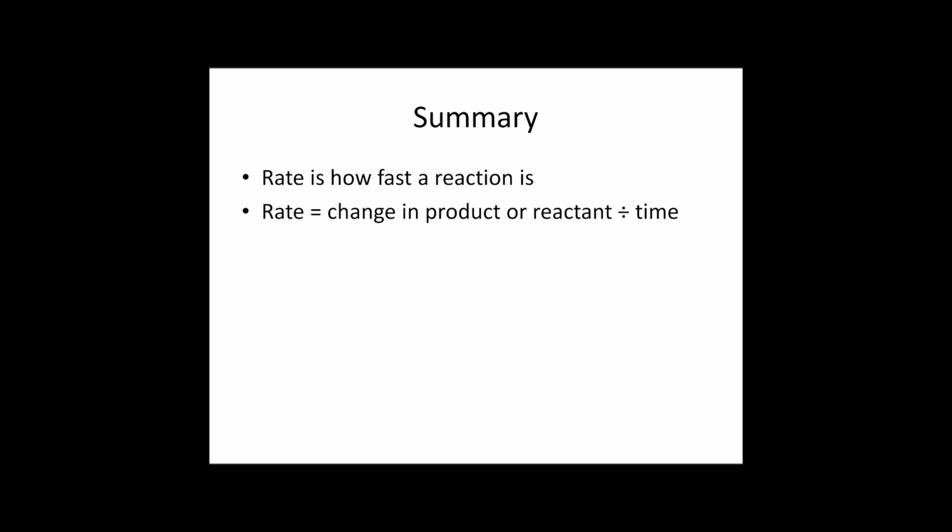And the summary. So we need to know that rate is how fast the reaction is. We need to know that rate is equal to the change in product or the reactant divided by time. And this can be mass, it can be volume, it can be the amount of light that can be transmitted through the solution. The units are usually in grams per second, centimeters cubed or milliliters per second, or moles per second for higher tier.